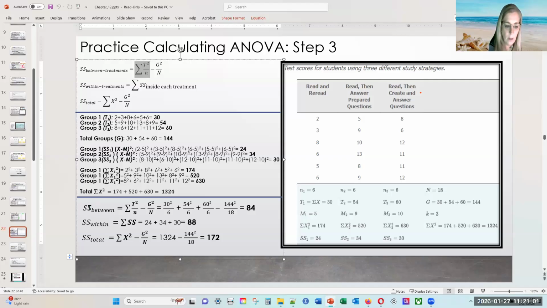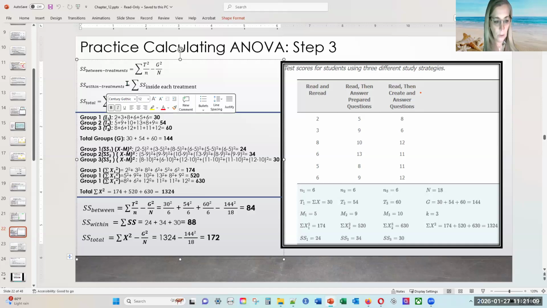And you can see how we've calculated that. For the T, the groups, the between treatments here, we're taking each of the scores and adding them up. And then we will square it and put them into the formula.